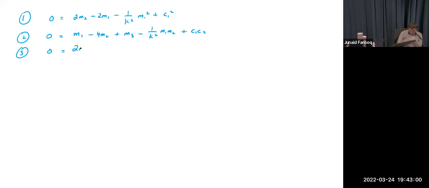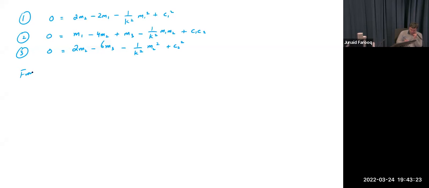Third one will be 2m2 minus 6m3 minus 1 over k squared, m2 squared plus c2 squared. So we have to find m1 and m2, but we've got two equations that have m3.